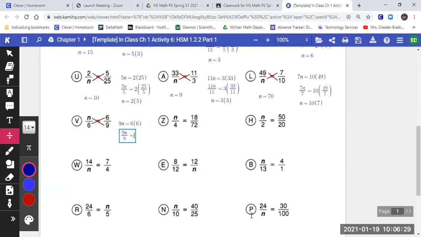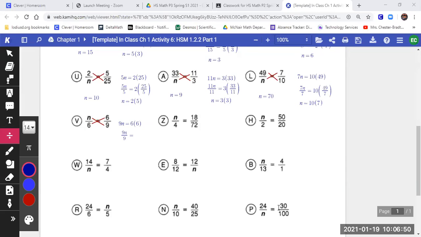Now, does 9 go evenly into 6? No, but can I break 9 into 2 parts and put part with each 6? Yes. So 3 times 3. Okay, so each 6 is going to get a 3.